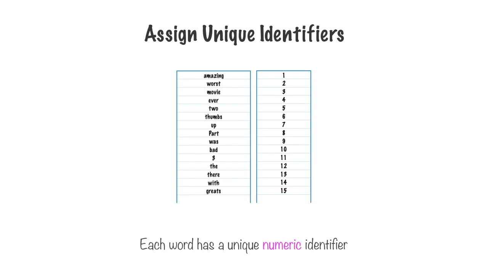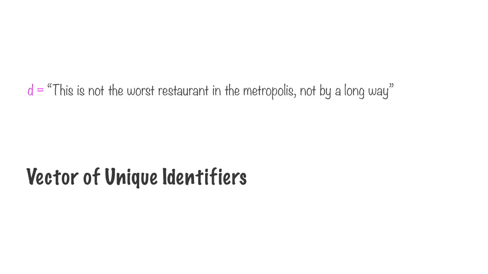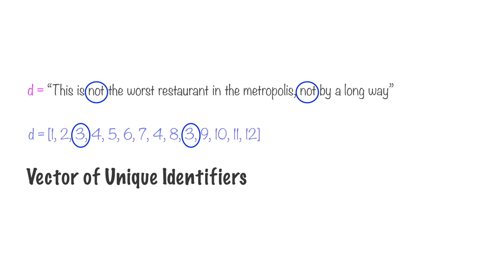Just to note that this identifier is not the word embedding, it is one step in the process to generating a word embedding. Once we have unique numeric identifiers for each word, every review can be expressed in terms of those unique identifiers. Every review is a vector of unique identifiers. "This is not the worst restaurant in the metropolis, not by a long way," can be represented entirely using these numbers.